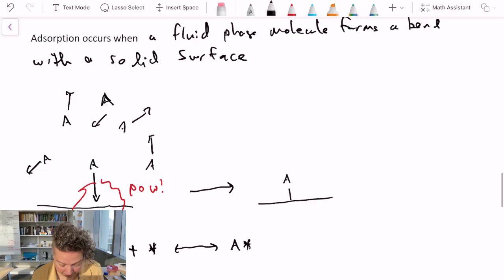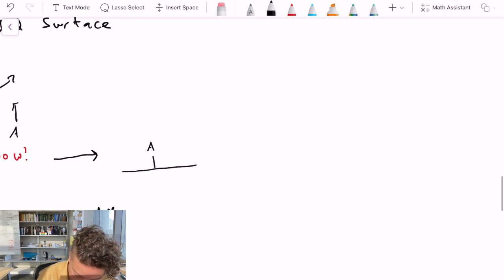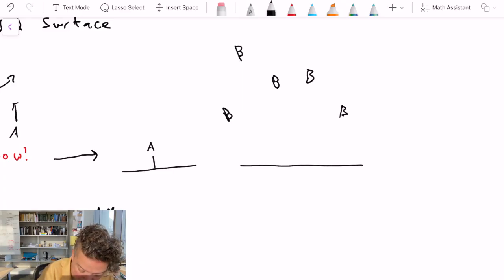We can do the same thing with B. I'll write that over here. So molecules of B in the gas phase, catalyst surface. These molecules of B are zooming around.